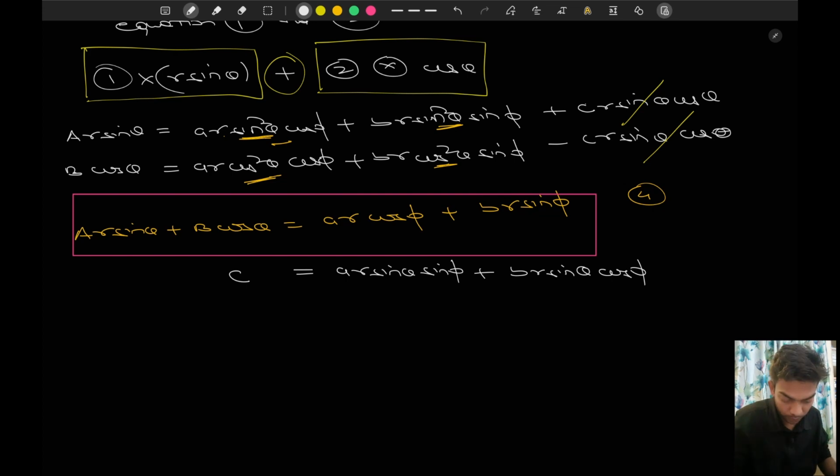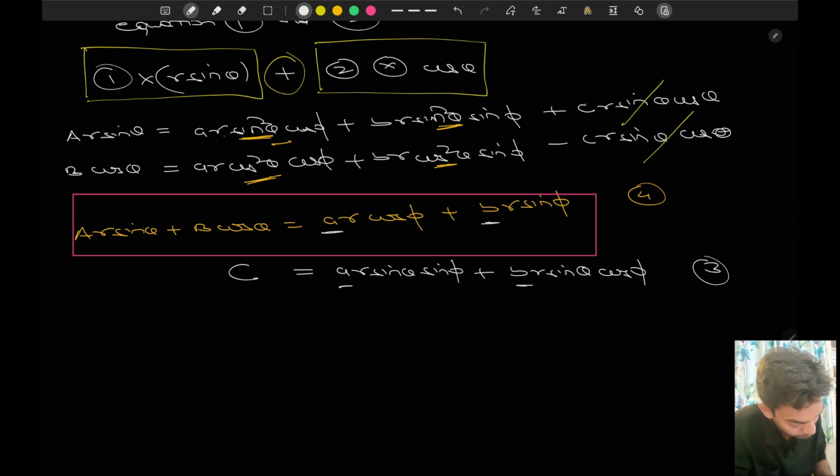Now what I need to do, so I have obtained this equation, and let me call this equation number 3, and now this is capital C. So now we have an equation in terms of small a and small b, and we can get rid of any one, right? So let me get rid of a in this equation. In order to get rid of a, I need to multiply this equation number 4 by sin theta sin phi.